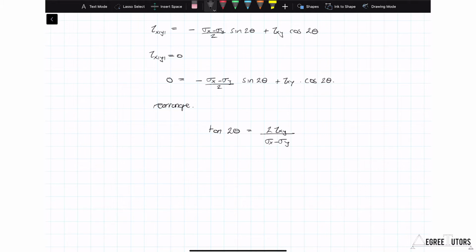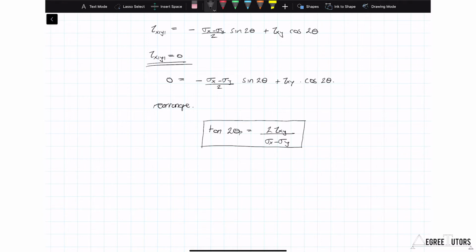Now that will be familiar because the last time we saw that equation we had a little p in here, and that's the same equation that gives us the angles of the principal planes. And remember, we got to this equation by saying tau x1y1 is equal to 0. So that's our confirmation of what we saw visually in the last lecture, where we observed that the shear stress had a magnitude of 0 on the principal planes. So that's a pretty important result for us to know.